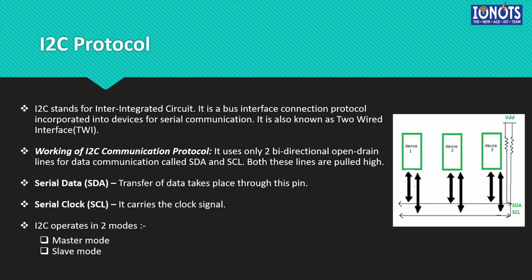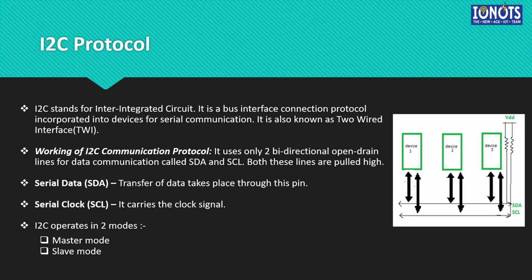So we talked about that the packet that is being sent needs to have 9 bits, right? So let's just look upon a couple of important types of bits which are present in that data packet. Number one is the read slash write bit. A high read slash write bit indicates that the master is sending the data to the slave, whereas a low read slash write bit indicates that the master is receiving data from the slave.